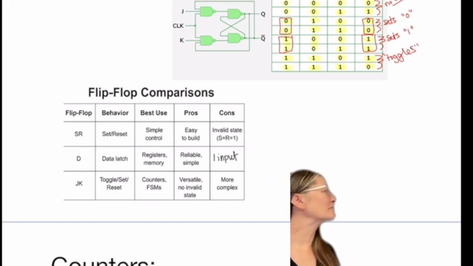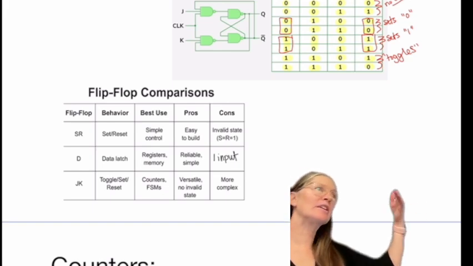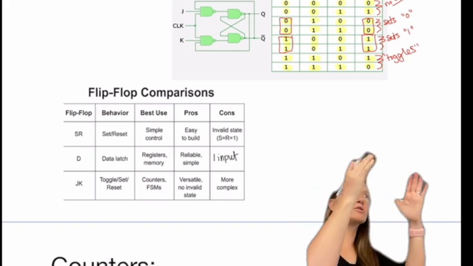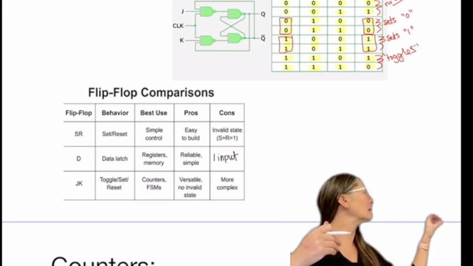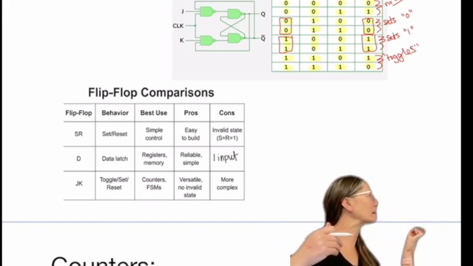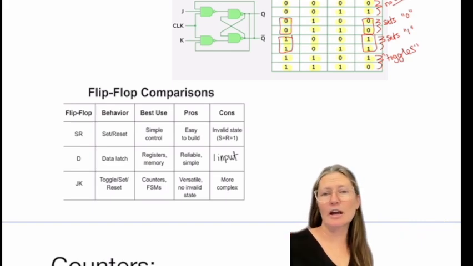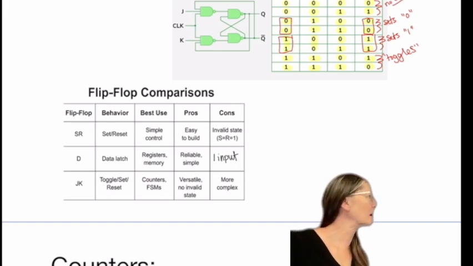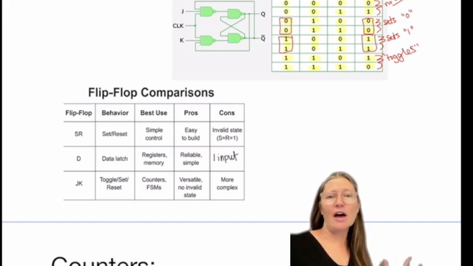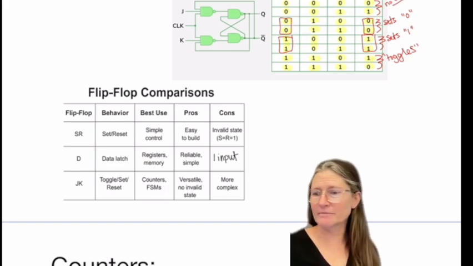The D is more like whatever your input is, it then stores that input as the output. And then the JK is a toggle. It has a set and reset on it. Again, reset would be setting the output to 0. It has all valid states, but it's more complex.